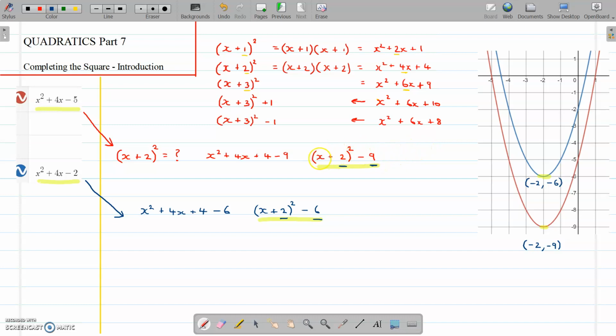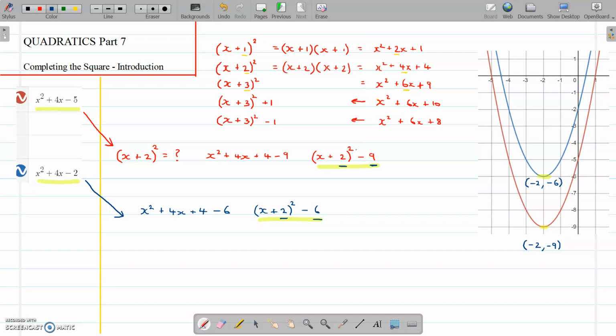Well, if you think about the expression x plus 2, for example, all squared, then the minimum value that can take is 0. The minimum anything can take if you square it is 0, because when you square a negative number, it's positive. When you square a positive number, it's positive.